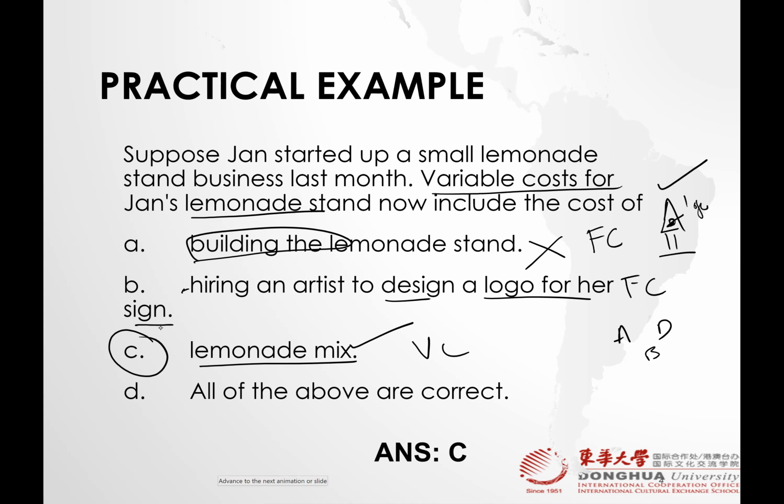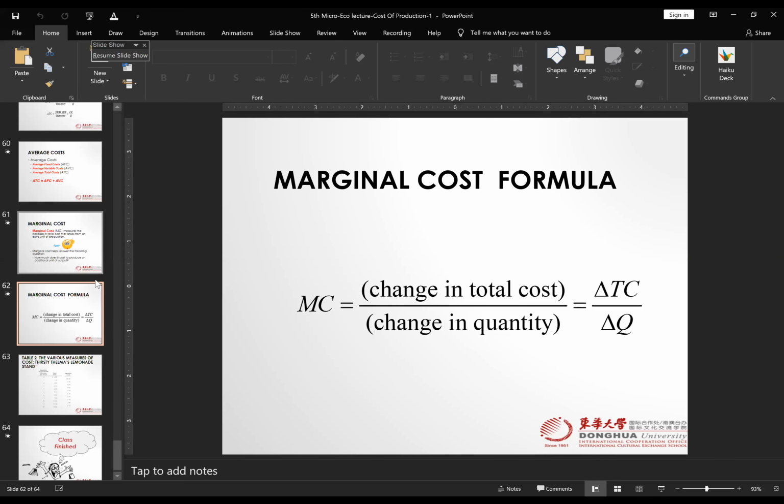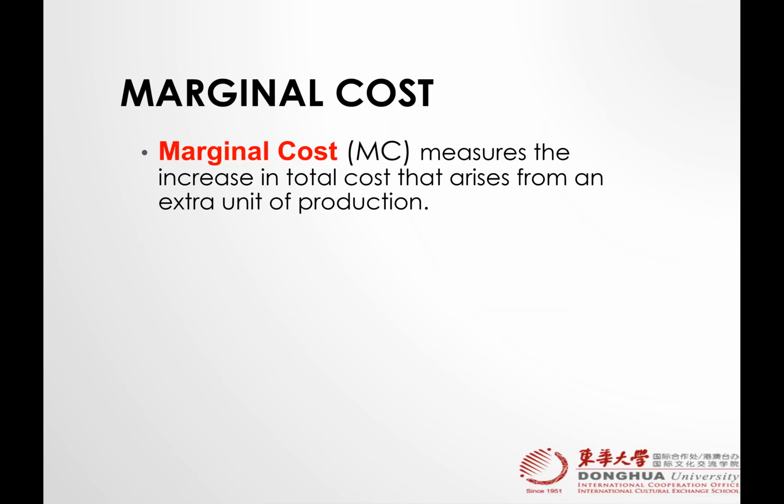Okay, now let's talk about how to calculate the marginal cost. So what is the marginal cost? Marginal cost measures the increase in total cost that arises from an extra unit of production.